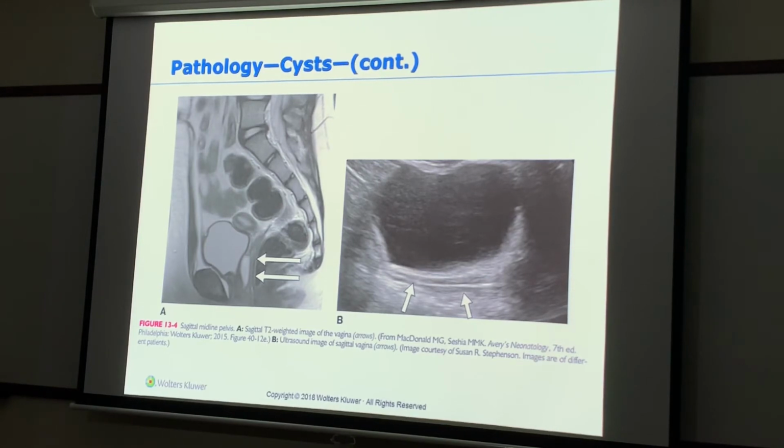If I have an imperforated hymen, I'm gonna have hydrocolpos. If it's really backed up, I'm gonna have hydrometrocolpos. Also in the vagina, you have Gartner's duct cyst. That's all that I can think of, or of course you can have sarcomas, but those are the normal things that we see.